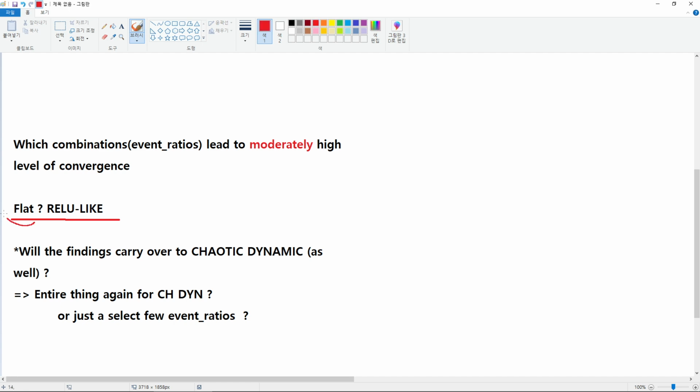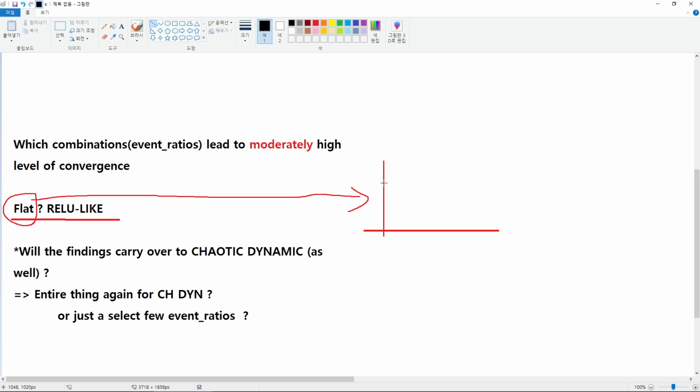Give me the red again. Flat. By flat, I mean when an entity that decided to learn needs to choose another entity that it would like to learn from, I'm talking about the chances of the other entities being chosen.